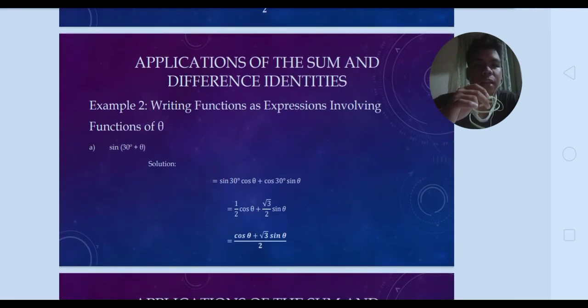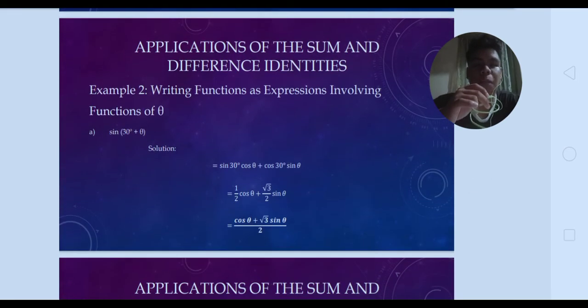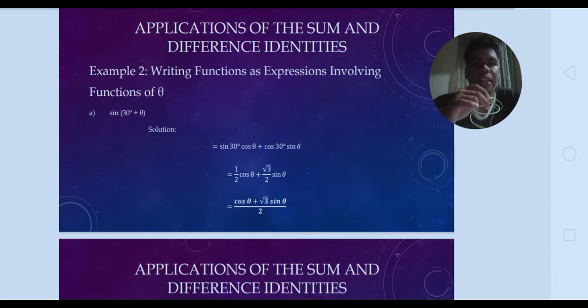Applications of the sum and difference identities. Example number 2. Writing a function as an expression involving functions of theta. Sine 30 degrees plus theta. Solution. Sine 30 degrees times cos theta plus cos 30 degrees times sine theta. This is a sine sum identity.